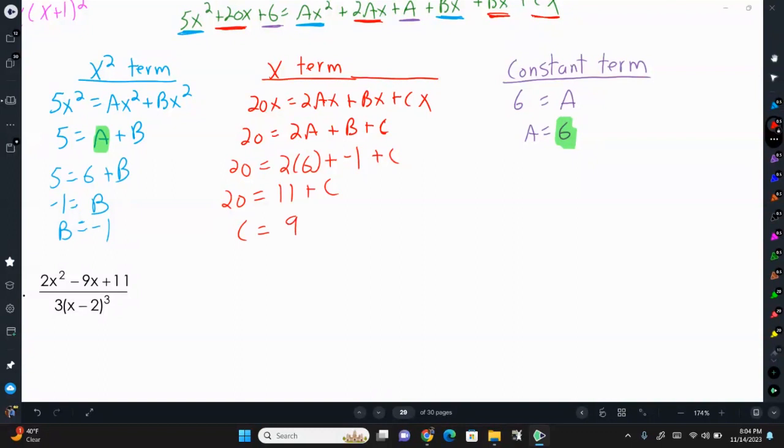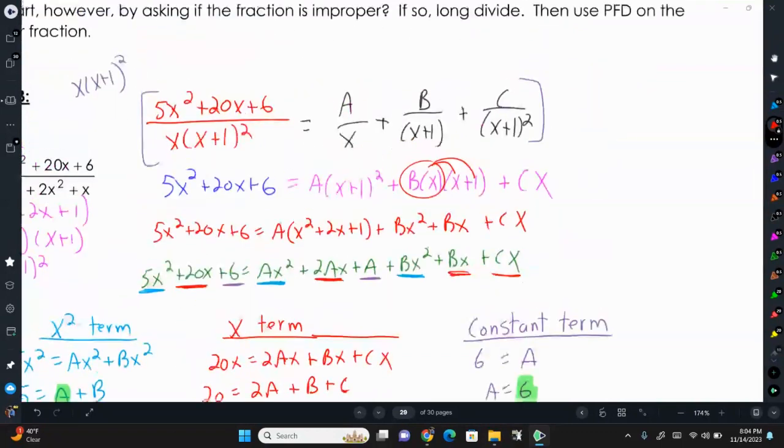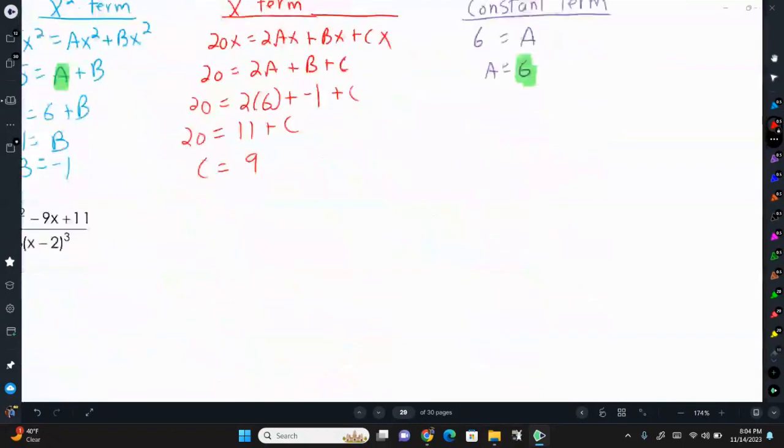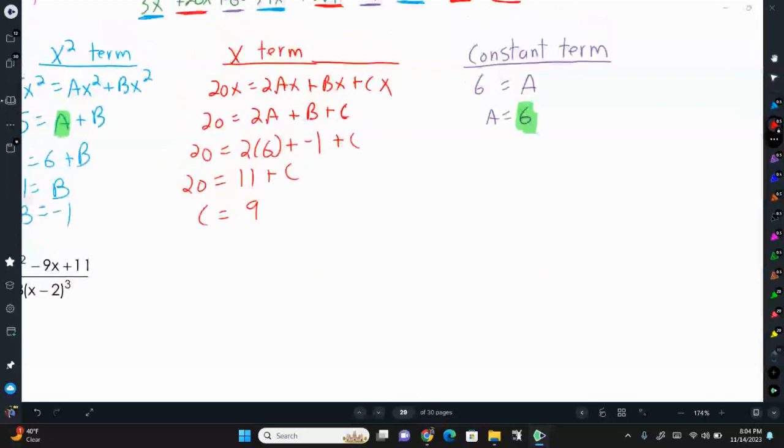So now I have my a, b, and c that I can substitute back into this up here in black. So our final answer is going to be 6 over x plus negative 1 over x plus 1 plus 9 over x plus 1 squared.